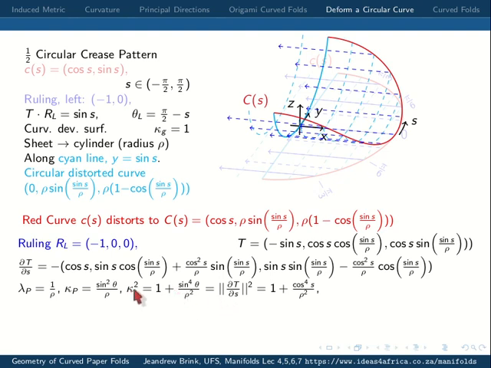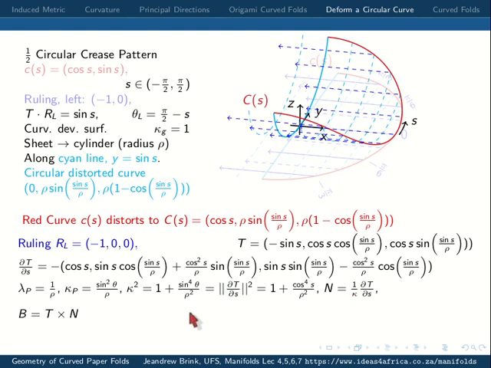So your kappa is just the norm of your dT/ds, how the unit vector changes with s. Here I've switched theta. Remember theta equals pi over 2 minus s. That's how the cos switched to sine. Then our normal vector is just the unit vector in the dT/ds direction, so I divide by kappa.